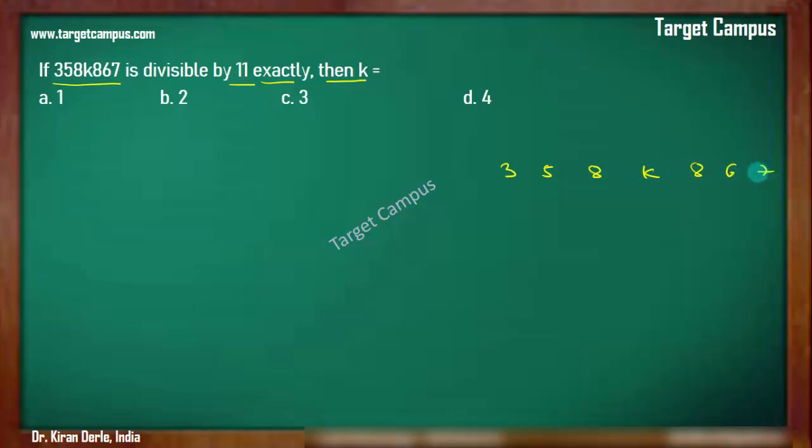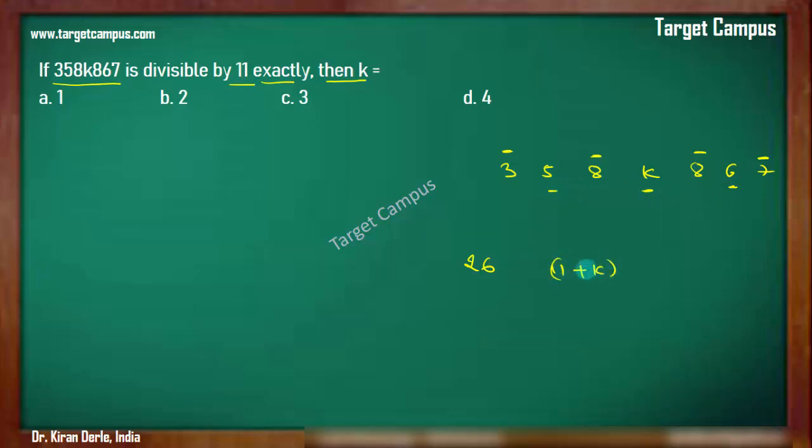We know the test of divisibility of 11, right? So start from the last digit, take alternate numbers, this and this, and add them: 15, 23, 26. 26, and this is 6 plus k plus 5, that means 11 plus k.